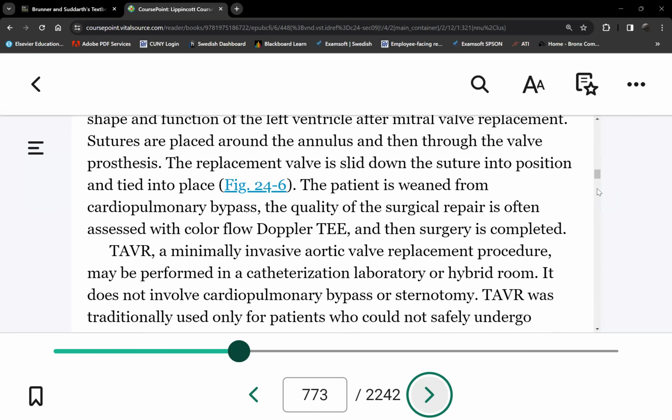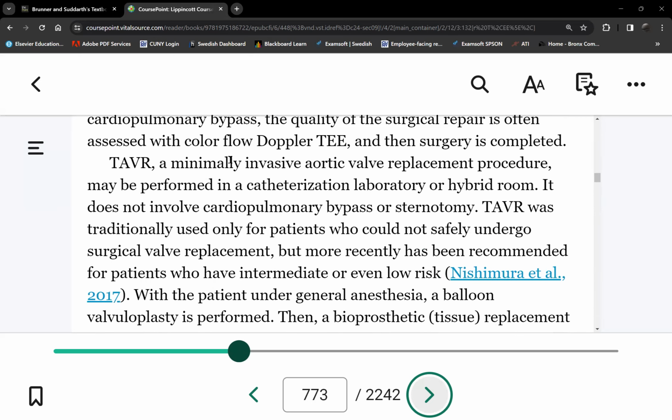The procedure, by the way, used to be open heart surgery. So before the year 2000, I want to say 2005, before that time, the only way to replace a heart valve is to cut the chest open. We have to perform open heart surgery. That's the only way to do it.